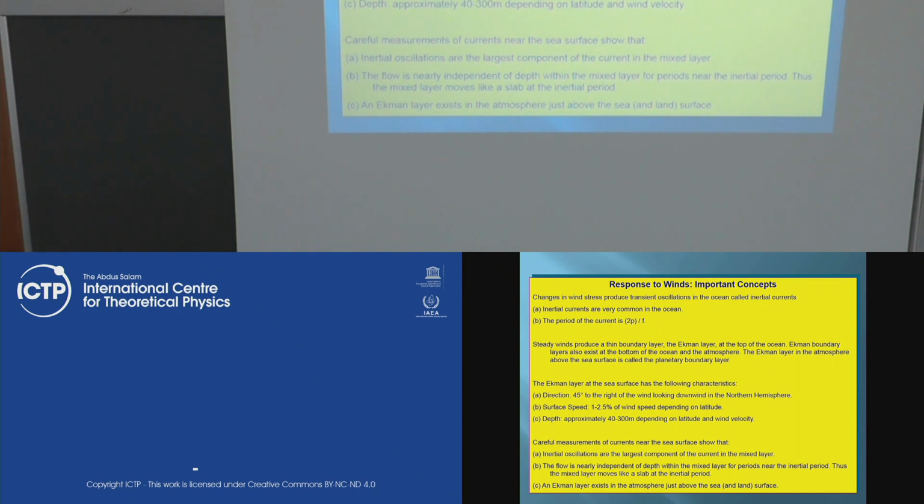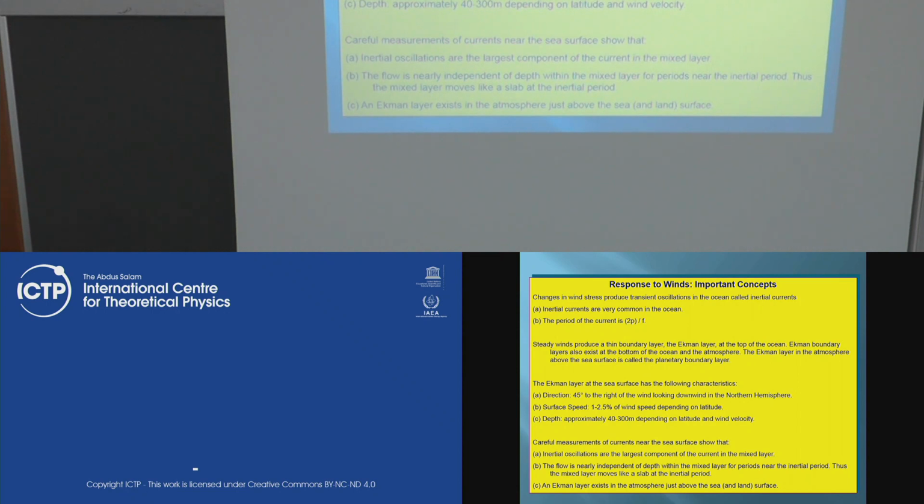We know that the typical wind speed is on the order of 10 meters per second, more or less. So if you take 2% of 1,000 centimeters per second, it is around 20 centimeters per second.